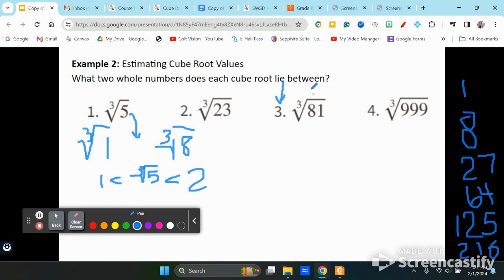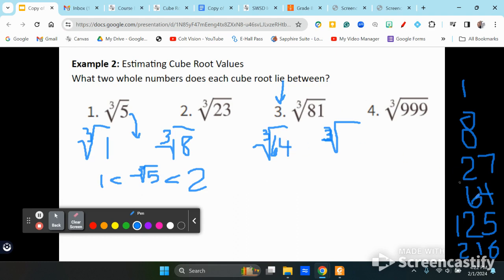So number 3, okay, I have the cube root of 81. So I look at my perfect cubes and I'm going to put them inside the cube root. My perfect cubes here, okay. I'm going to pick a number that's smaller than 81, like 64.